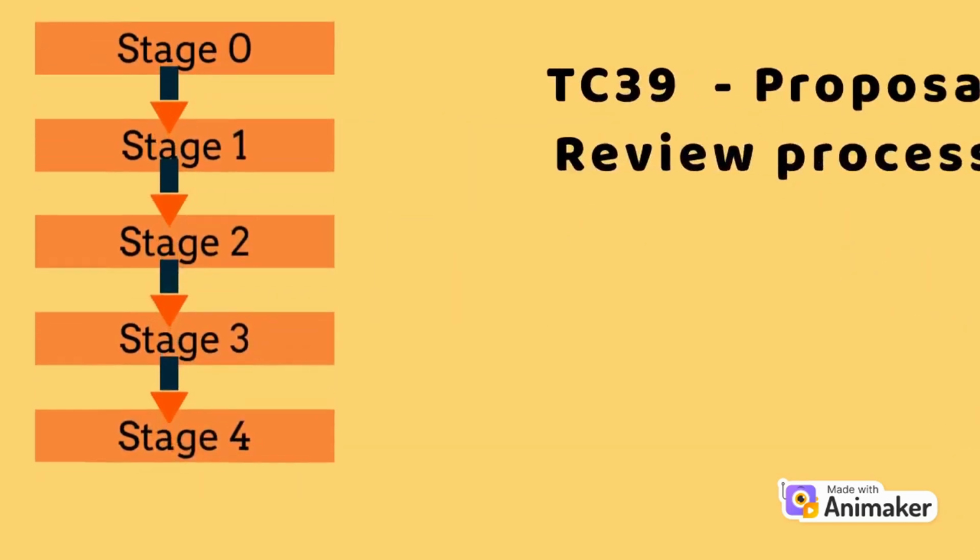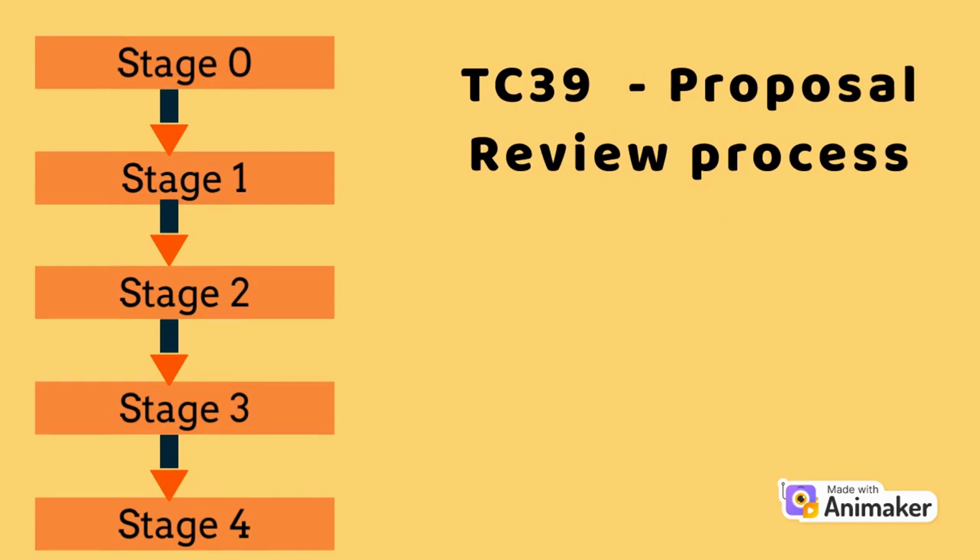TC39 meets on a regular basis to review work done by members since the last meeting. They discuss issues and vote on proposals. All TC39 proposals progress through 5 stages. So the first stage is stage 0, then stage 1, stage 2, stage 3 and stage 4.